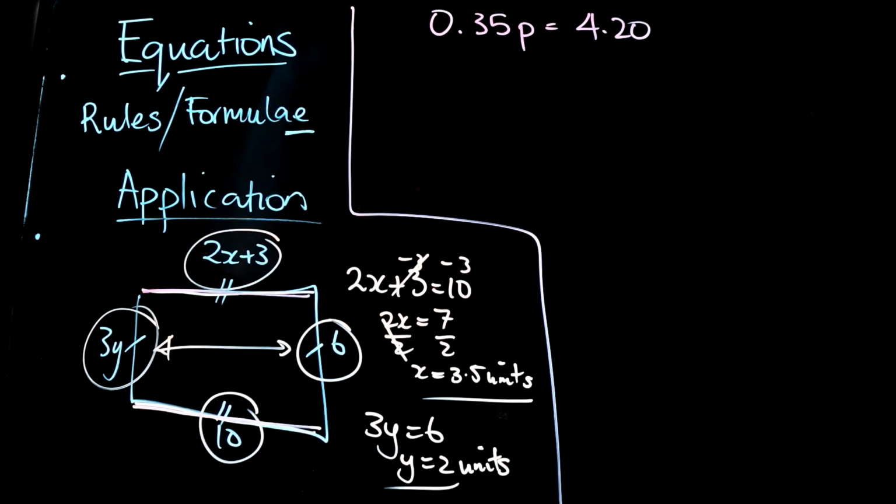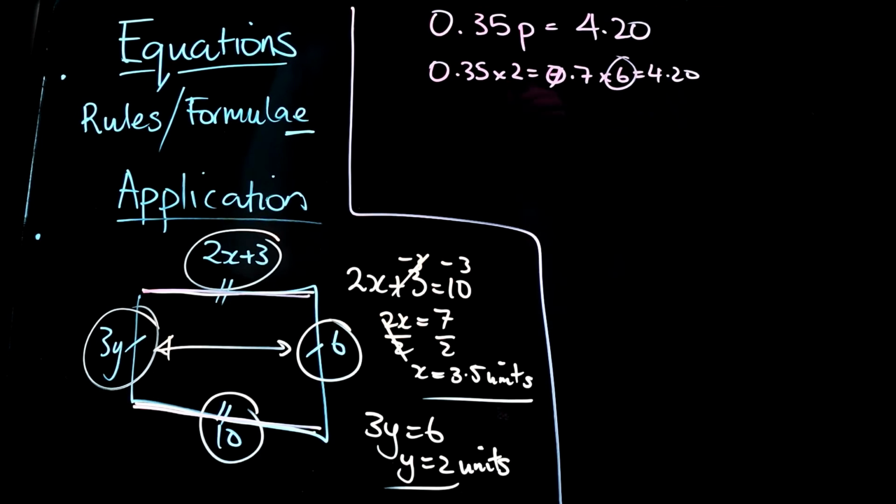So trying to work this one out, I'm thinking 35 cents times 2, and we're at 70 cents, and I'm thinking 7 times 6 has got to be $4.20.